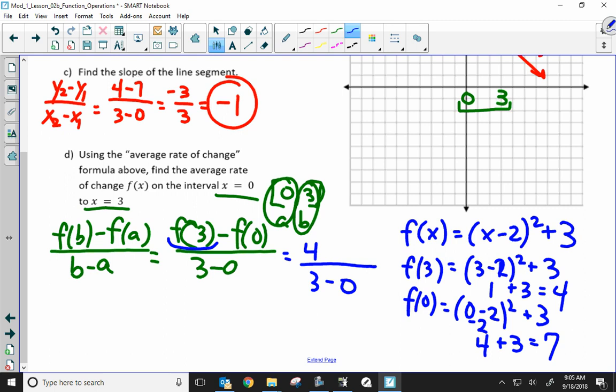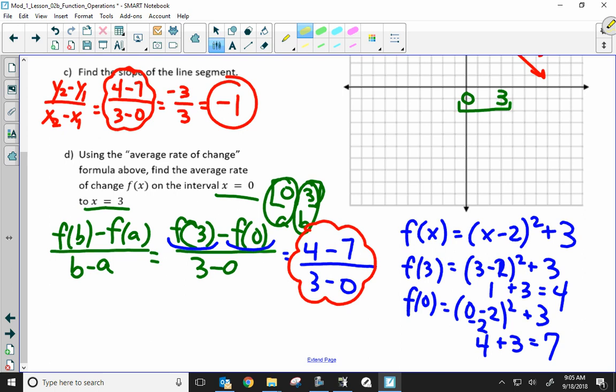Okay, so f of 0 is 7. And look what we have here. Look at this point and what we did here. It's the same thing because when x is 3, my y is 4. When x is 0, my y was 7.